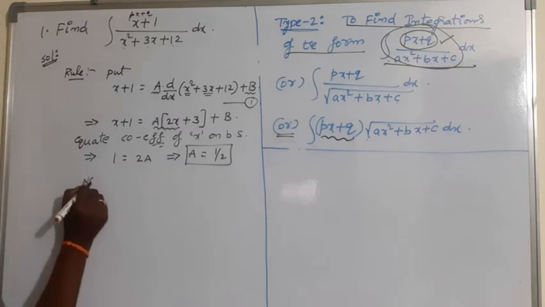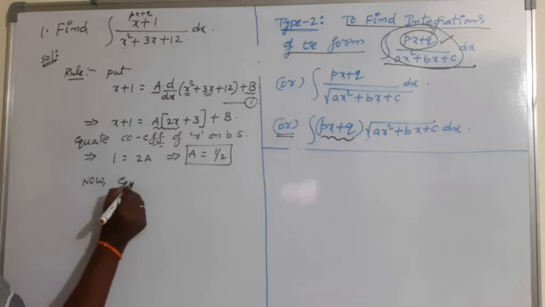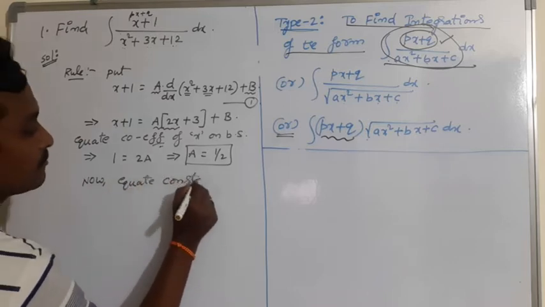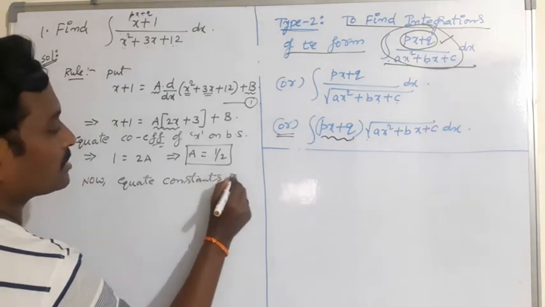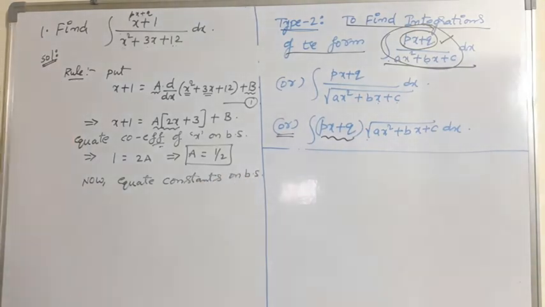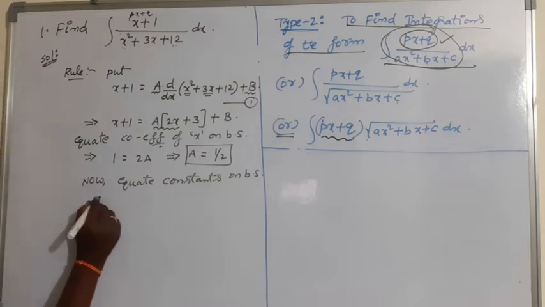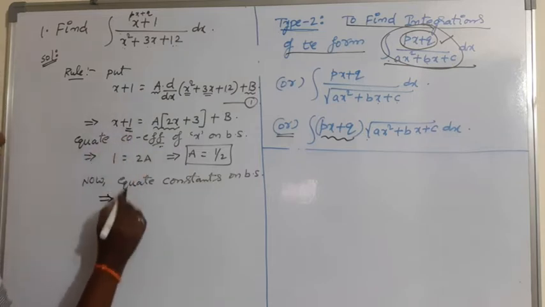Now, equate constants on both sides. Then you will get the value of B. What is it? In the left hand side the constant term is 1.